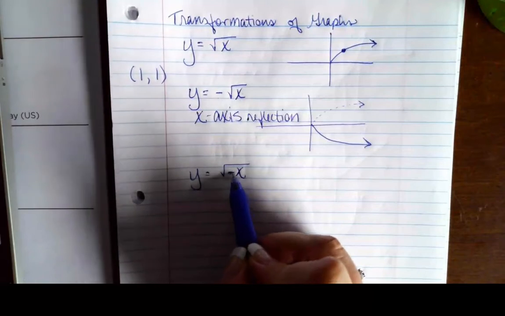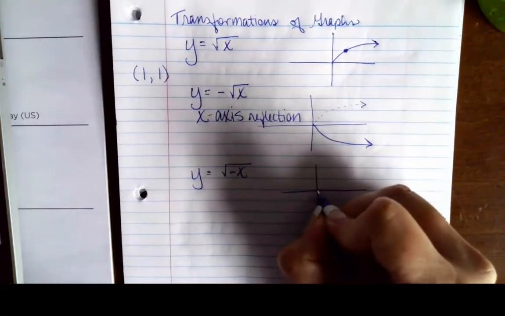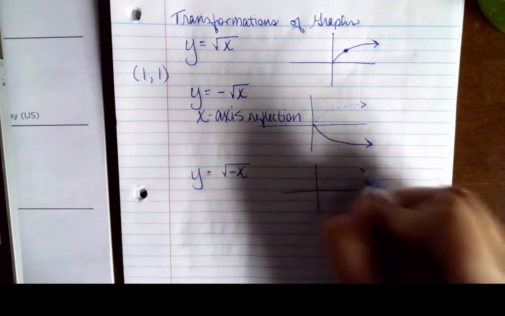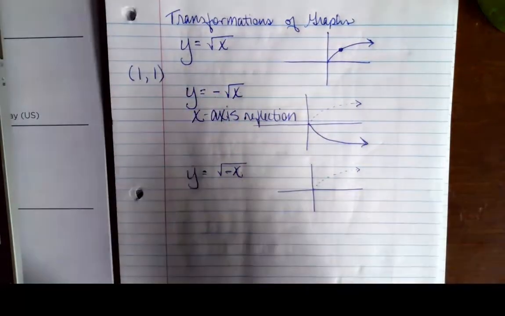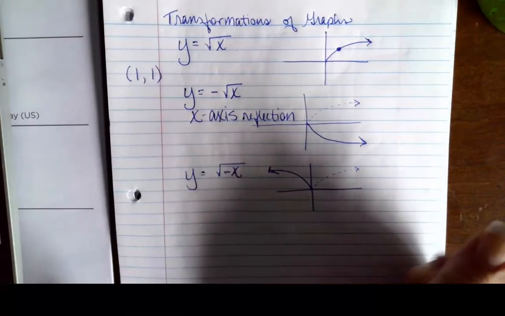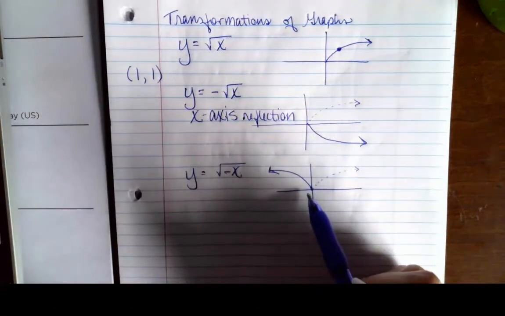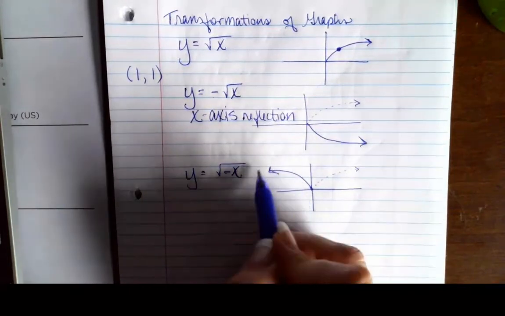So because this says negative x, that's going to be a horizontal reflection. So instead of being up this way, it's going to reflect horizontally. Horizontally means I'm going to reflect it across the y-axis. And so now it's kind of like a mirror. It was going this way, but now it's going this way.